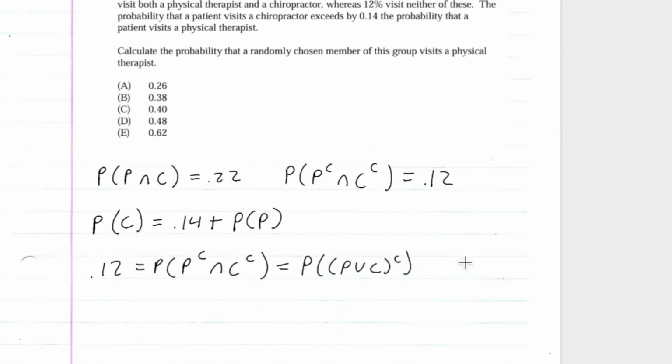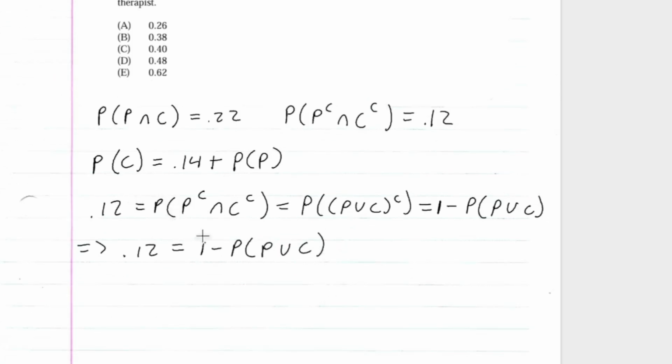And of course, this is equal to 1 minus the probability of P union C. So we get this new equation: 0.12 is equal to 1 minus the probability of P union C. All right, so if we add this to both sides and subtract, this gives us that the probability of P union C is equal to 0.88.